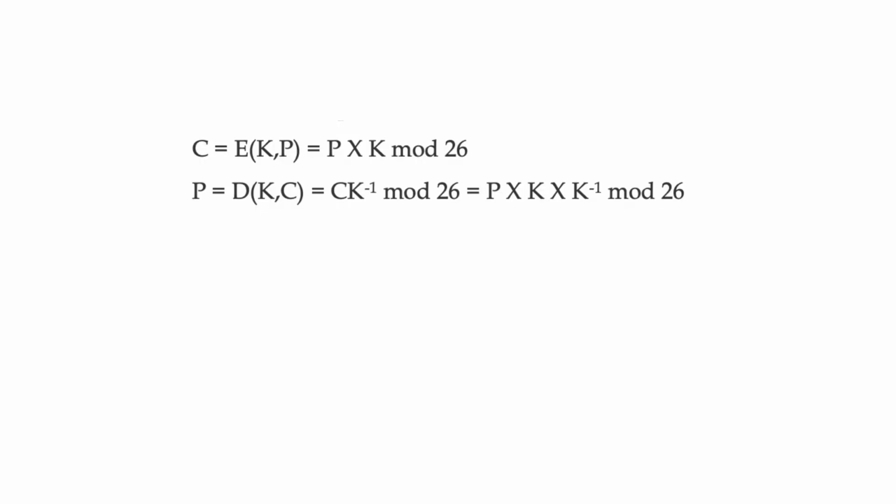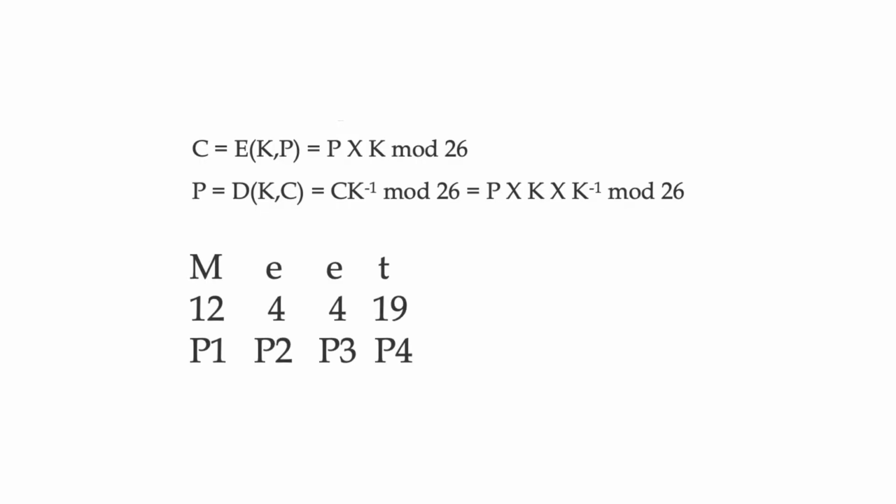With the given example, we can use the Hill cipher as follows. The first block in the plaintext matrix is "meet", and its corresponding code in the above-mentioned symbol substitution scheme is: M becomes 12, E 4, next E also 4, and T 19, which are P1, P2, P3 and P4.